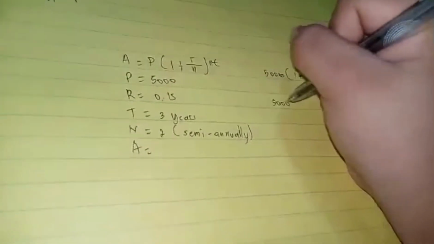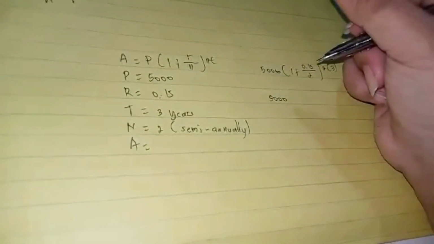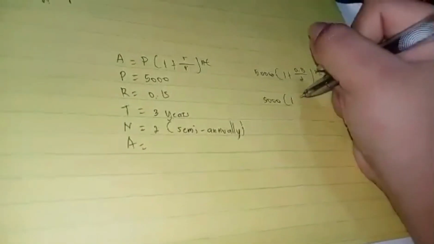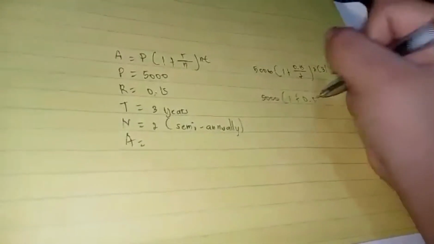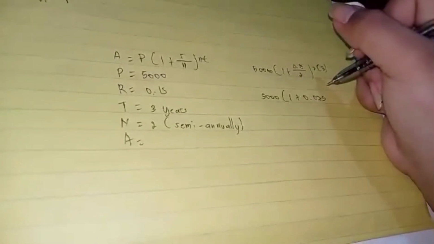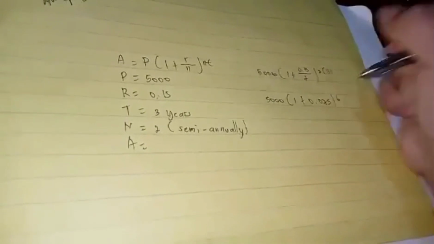Let's solve. 0.15 over 2 equals 0.075, so 1 plus 0.075 raised to the power of 2 times 3, which is 6.